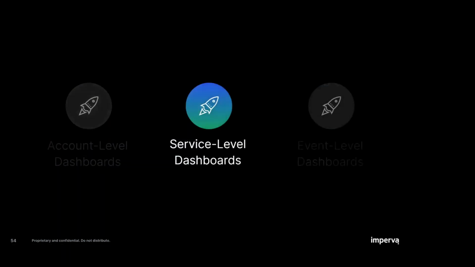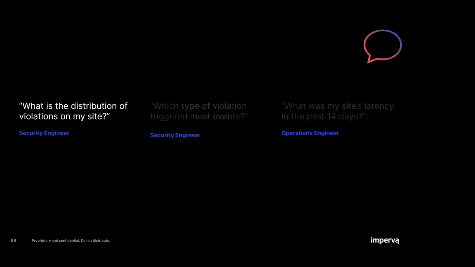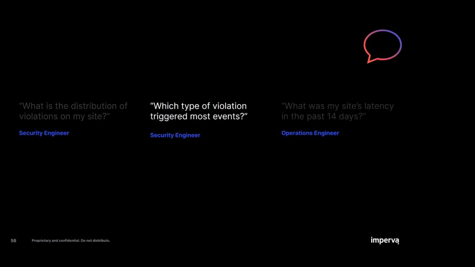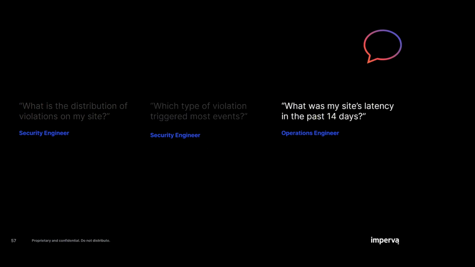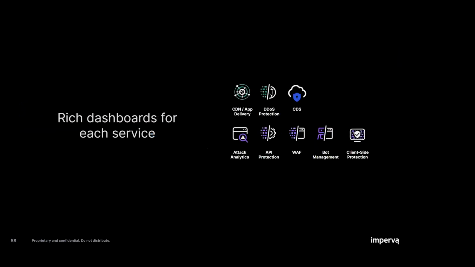The next type of dashboards that we added is service level dashboards. They come to answer questions like, what is the distribution of violations on my site? Which type of violation triggered most events? What was my site's latency in the past 14 days? And additional questions. Service level dashboards contain rich dashboards for each of the cloud services.